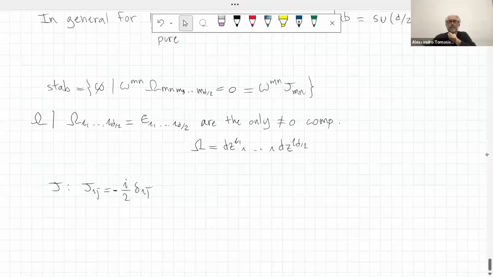Now, I have been doing this computation in a flat space, basically. So this is in general wrong.